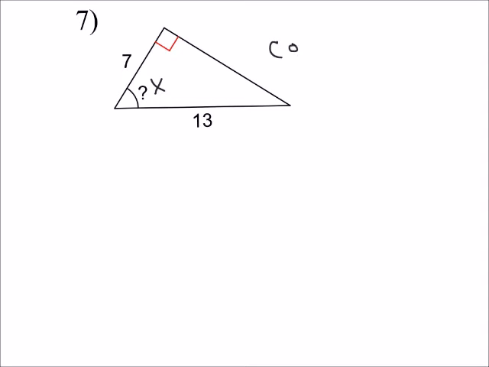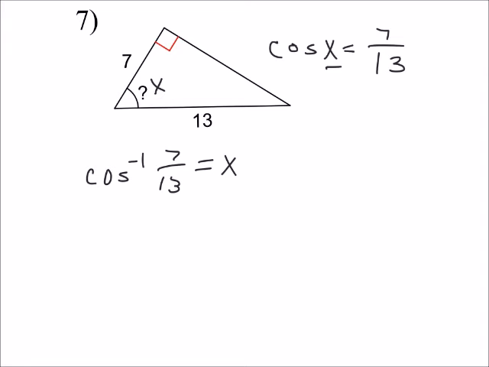So we have the cosine of x equals the adjacent, which is 7, divided by the hypotenuse, which is 13. Of course, we're looking for the value of x, so we need the inverse cosine of 7 divided by 13, and that will give us x. And when we put that in our calculator, we'll get the angle size associated with that particular angle. So in this case, when we do the calculations, x equals 57 degrees.